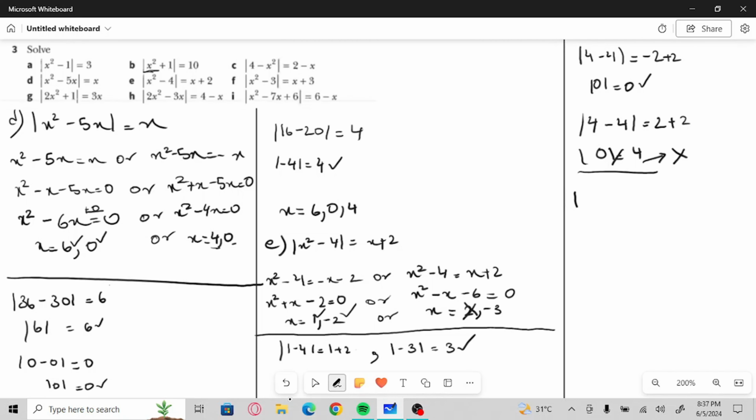Okay, so the third and last, fourth value of part E is negative 3. So negative 3, 3 squared is 9 minus 4 should be equal to negative 3 plus 2. So we have 9 minus 4 is positive 5, sorry. It's positive 5 minus 3 plus 2 is equal to, well, sorry, my bad, this was positive 3 and this was negative 2.